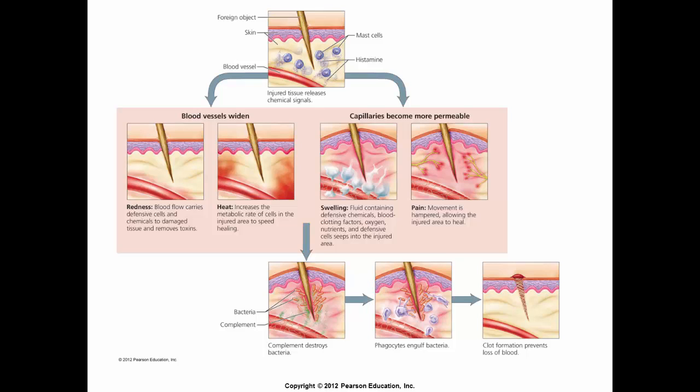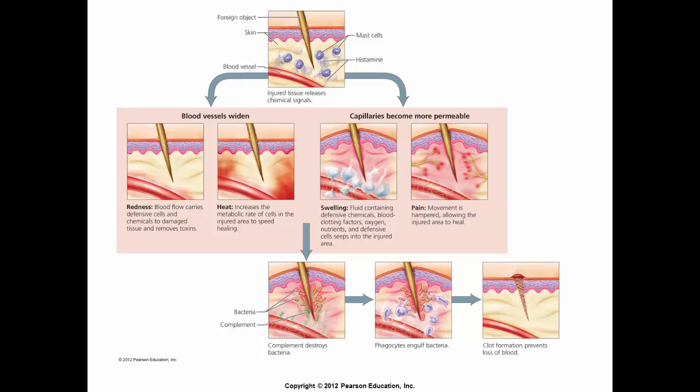So in our picture here, we show where the injured tissue releases certain chemicals. Blood vessels widen. That's the redness. Blood flow carries these defensive cells and chemicals to the damaged tissues and removes toxins. The heat helps to increase the metabolic rate of the cells in that injured area.